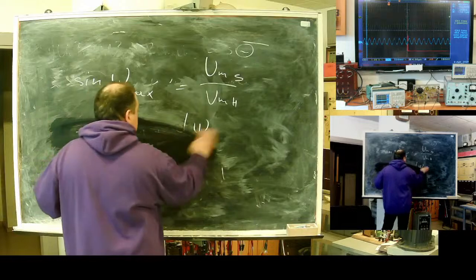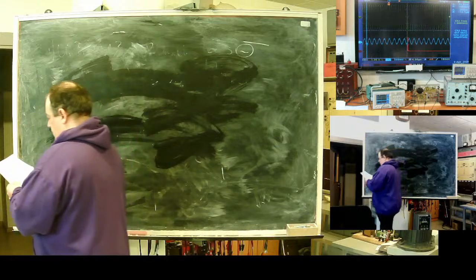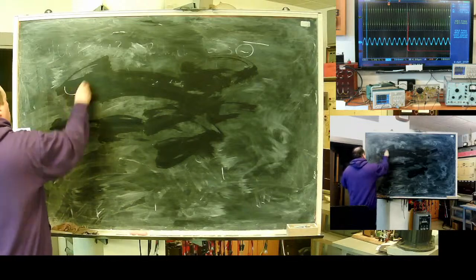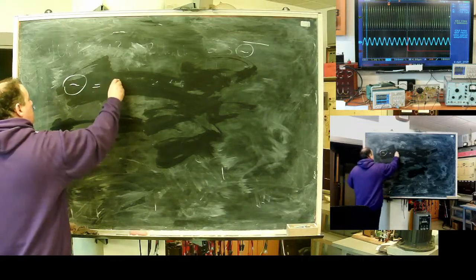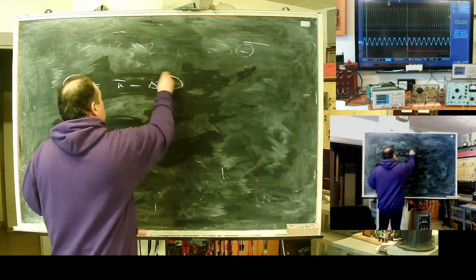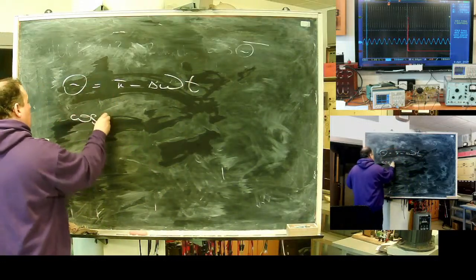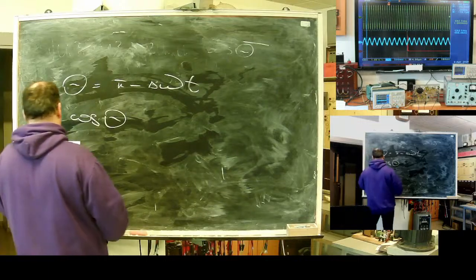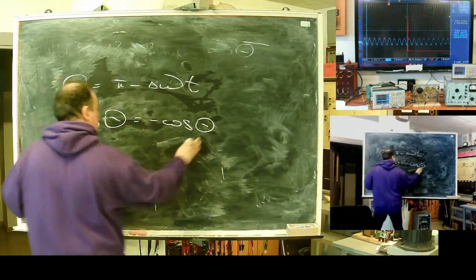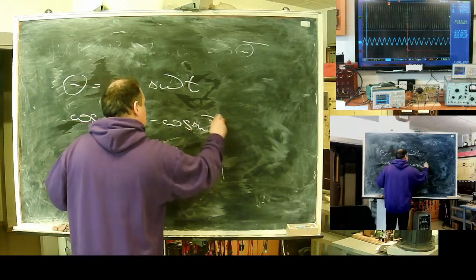Our angle theta, actually, if we take a look deeper, is P minus delta omega time. So, cosine of it will be minus cosine of delta omega time. Yeah.